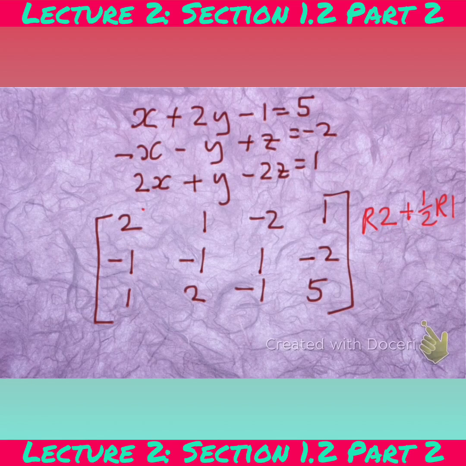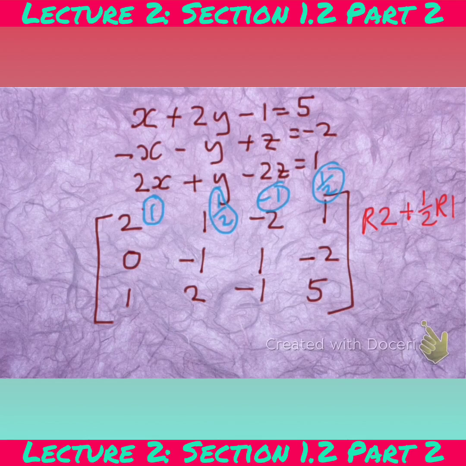I'm going to do this by adding to the second row half the first row. So multiplying the first row by a half, we get 1 there, a half there, minus 1 there, and a half there. Let's add it to the second row. That first entry becomes 0.